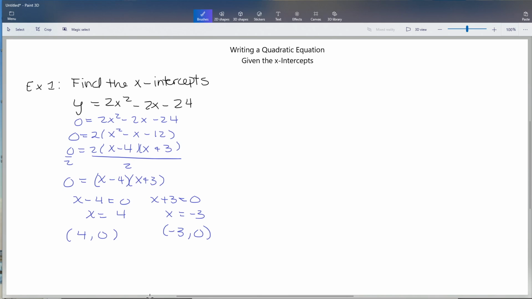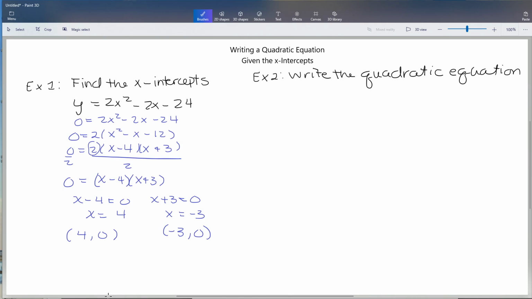Okay, I also want to point out that this 2 that we see at the beginning here isn't affecting our x-intercepts at all. Okay, so when we look at writing the equation, we're going to do essentially exactly the opposite of this.